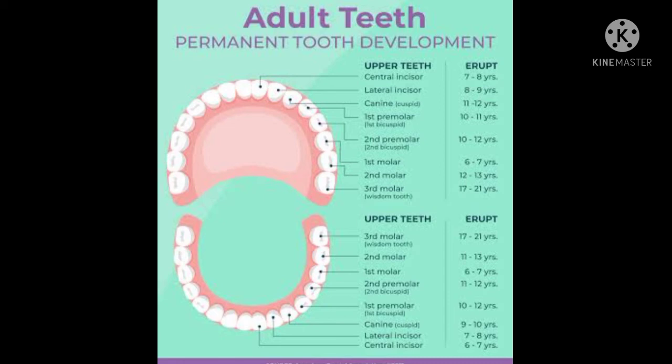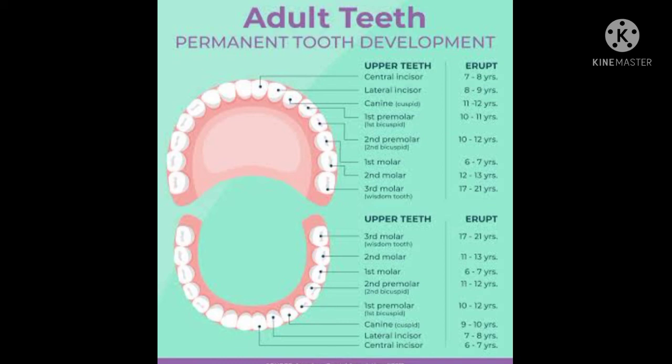Third molar erupts at the same 17 to 21 years. Second molar erupts at 11 to 13 years. First molar erupts at 6 to 7 years. Everything is the same, the age is the same. First premolar erupts at 10 to 12 years.